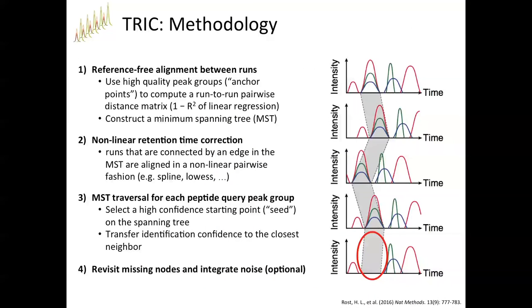And last but not least, you can revisit missing values in your data matrix. Basically, using this retention time alignment, you can find areas where there should be a peak based on the other runs. And you can integrate the noise level in this area to actually get also a value for the missing runs.